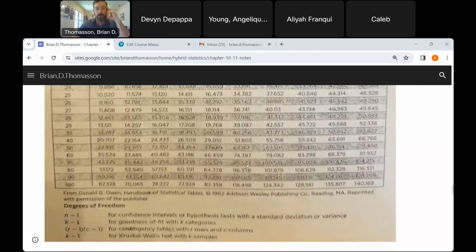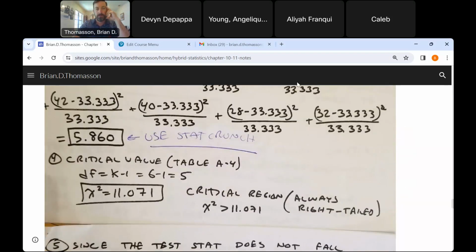So the chi-squared value has to be at least 11.071. What we found was 5.8. So even though he tried to add a lead weight to make the die unfair, he didn't add enough weight. It's too close to a fair die to say that it's working. To show that his die was unfair, it would have to be at least 11, and we only had 5.8.